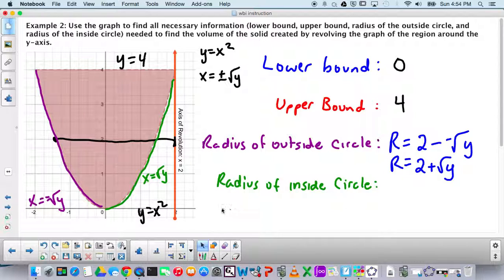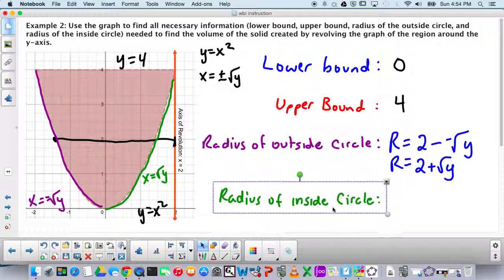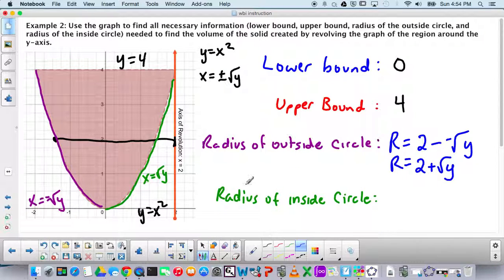And then for the radius of the inside of our circle, we're going from the axis of revolution to the inside part of the function. So this is our little r. That part up here was our big R. So little r is the distance from the axis of revolution to the function that is closest to the axis of revolution.